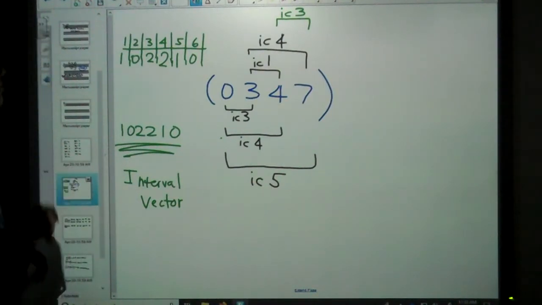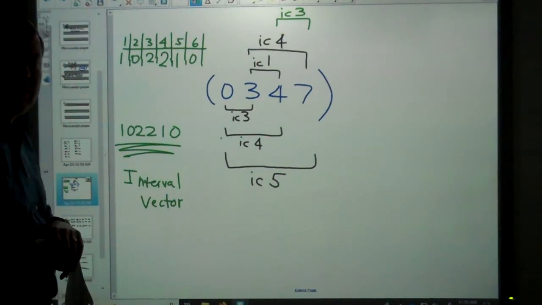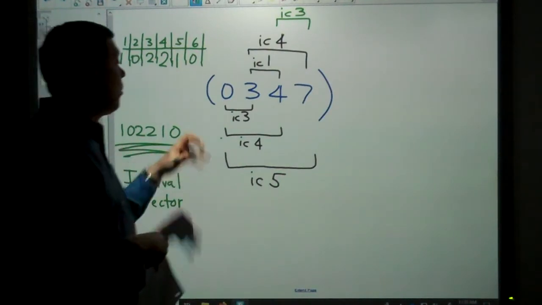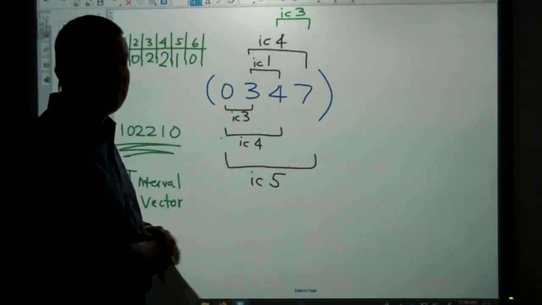Okay. Let me also show you another way that you can check your answer for your interval vector in the event only when you have the prime form of a set.